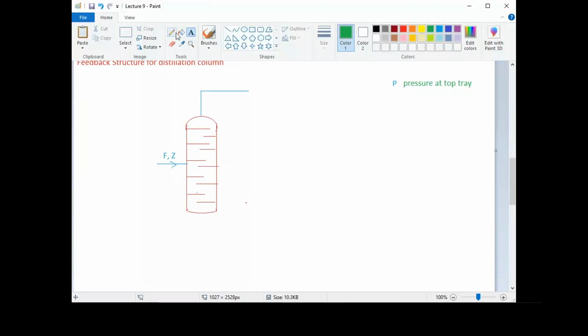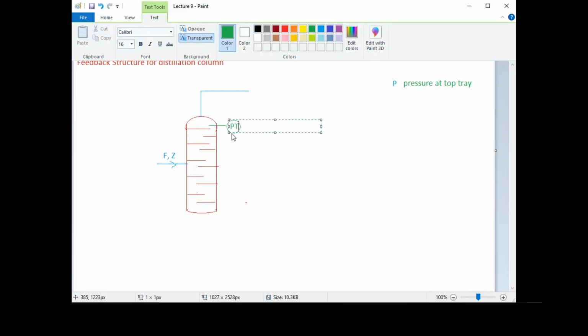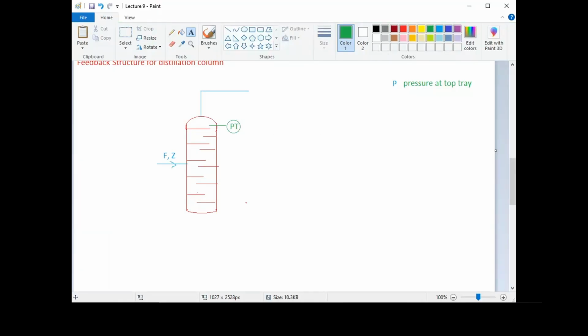So we are going to measure the top tray pressure using a pressure transmitter. This will be our pressure transmitter. So we'll measure the pressure, and then this pressure will be compared with the set point pressure.